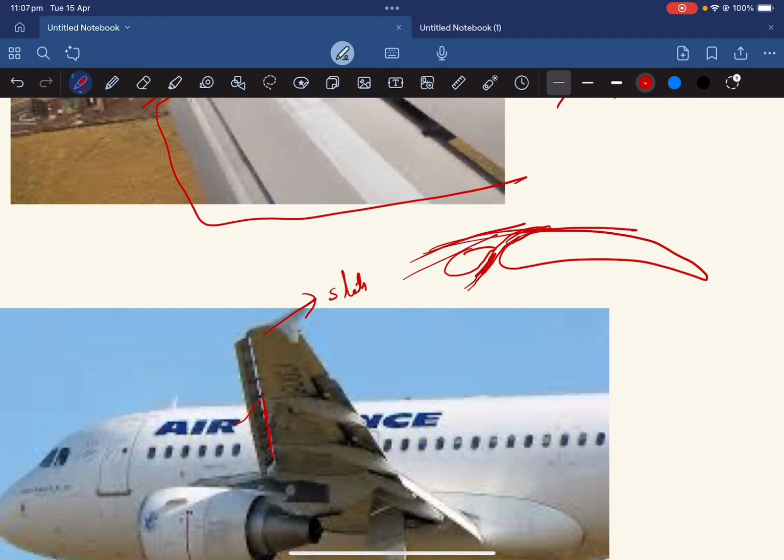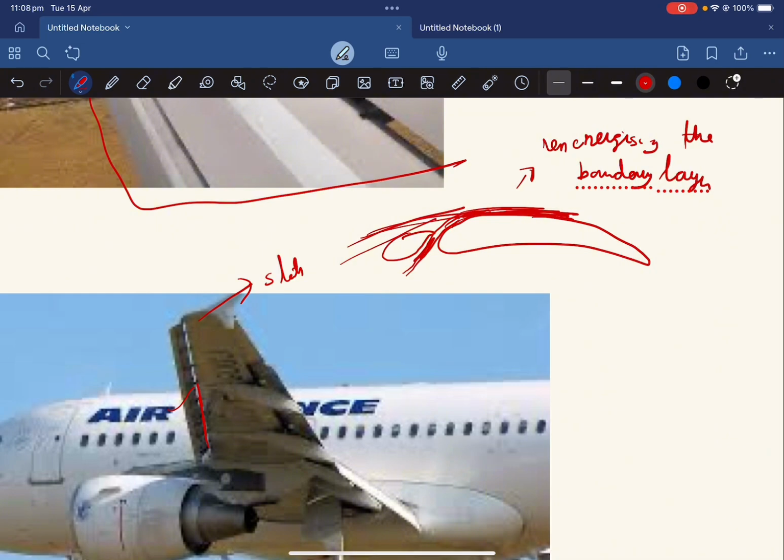So there's some air traveling from here and it's adding momentum, or high energy, into this field. So it's basically re-energizing the boundary layer, adding energy to the boundary layer so it does not separate easily.